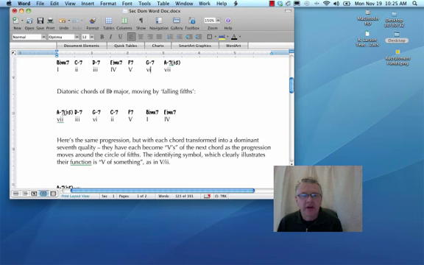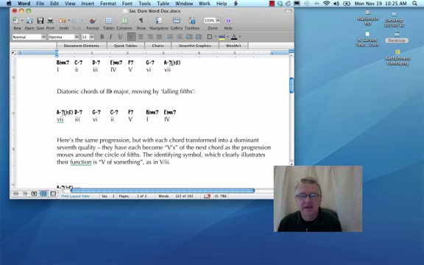Below this I'll have a progression similar to this, but I'm going to transform each of these chords into dominants, obviously except for the 5 chord, which is already a dominant. So what happens is they become fives of the next chord as the progression moves around the circle.